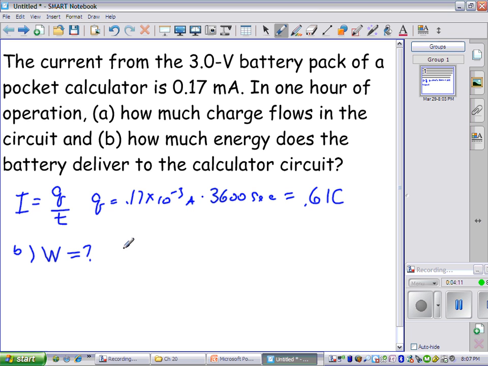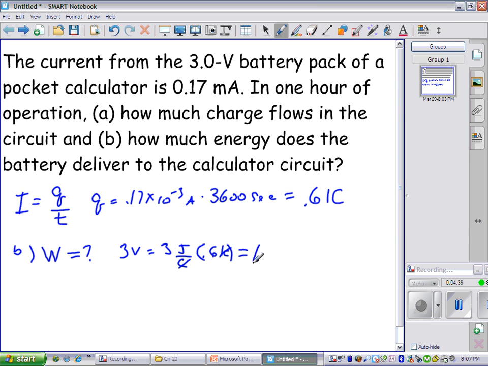Now 3 volts can be thought of as 3 joules per coulomb. So what I really need to do is multiply by 0.61 coulombs, and those coulombs cancel, and I'm left with joules.